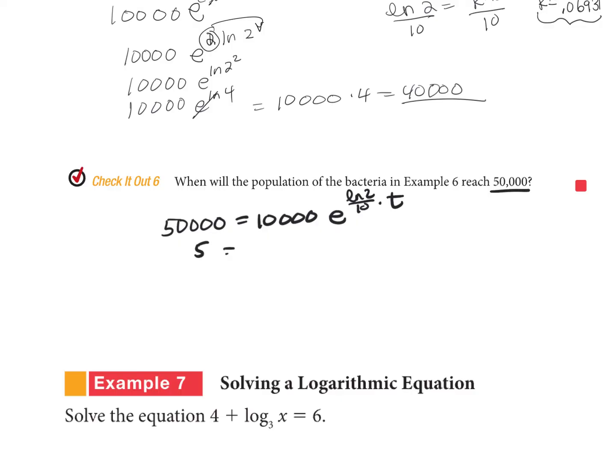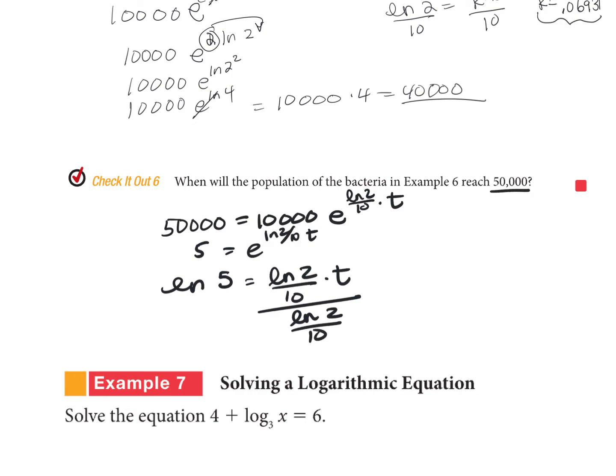Divide both sides by 10,000. Take the natural log of both sides. Divide both sides by this, or multiply both sides by 10 over the natural log of 2. And t equals 10 times natural log of 5 all over the natural log of 2.